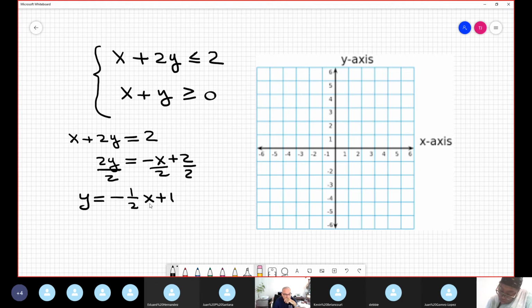Therefore, I can see that the y-intercept is 1. I plot that. And from this point, I move 1 down and 2 to the right. Here, these are my 2 points ready to be connected by the line.